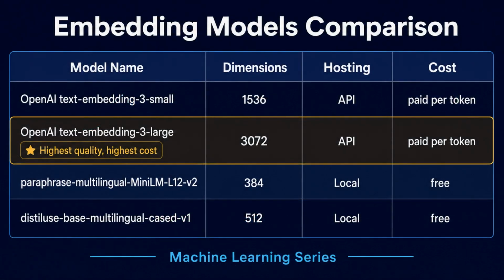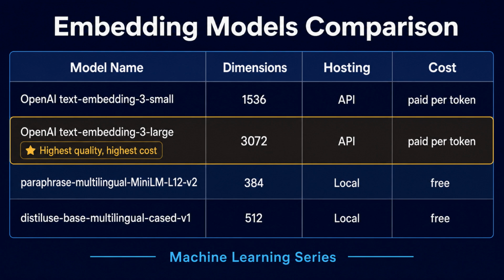Several embedding models are available, each with different trade-offs. OpenAI's text-embedding-3-small produces 1536-dimensional vectors with good quality and reasonable API costs. The large variant produces 3072 dimensions with the highest quality but is slower and more expensive. For local deployment, Sentence Transformers offers free, open-source models.